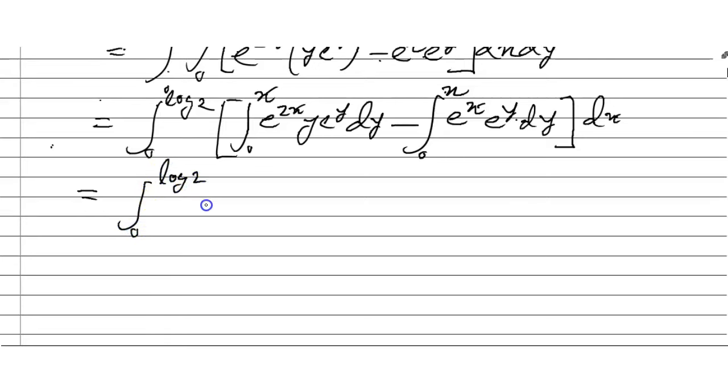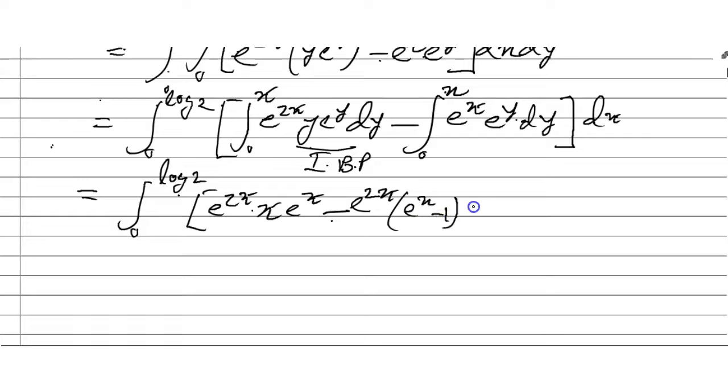Log 2, and after that this is the IBP, I am using IBP, integrating by parts. So whatever I get, this value will come e to the power 2x and x into e to the power x, because I am just integrating by parts, and e to the power 2x into e to the power x minus 1.